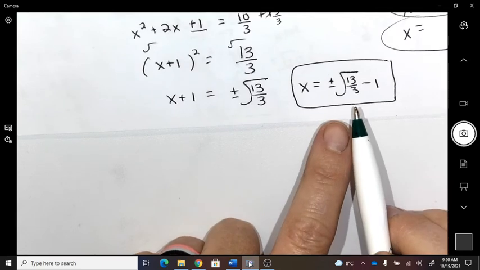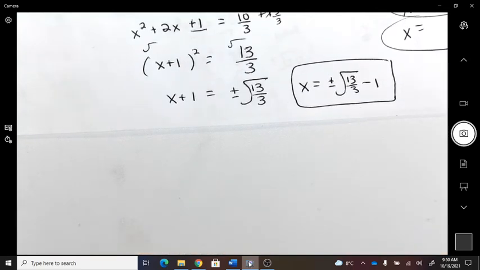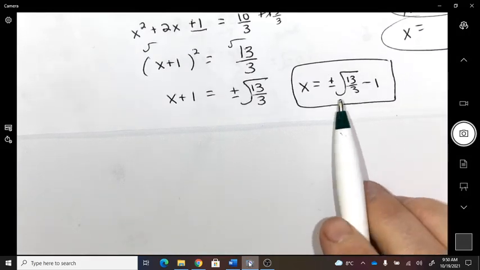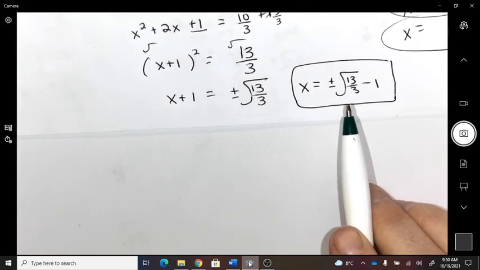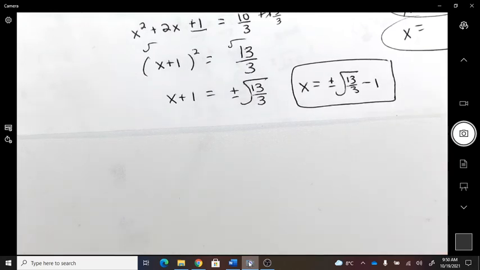Could you turn this result into a decimal for me? And there's going to be 2 options, because the first time you're going to do positive of that root, subtract 1, and then the next time you're going to do a negative of the root. Can you turn it into a decimal? I want to see if you can type that in properly.